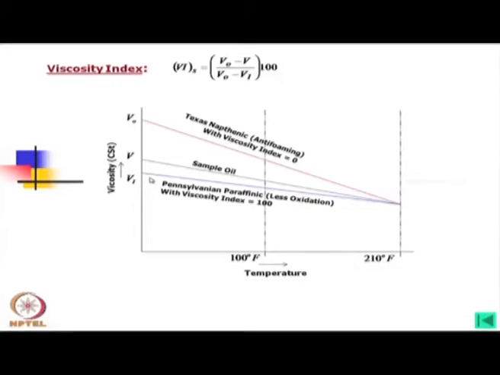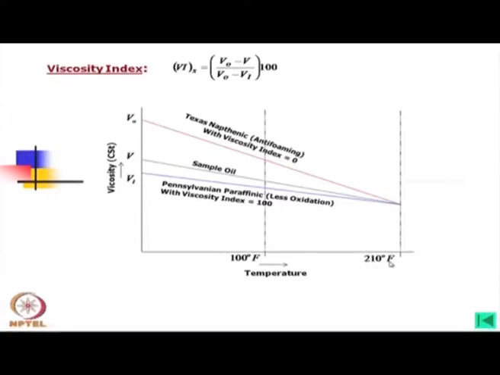Now, look at this graph. Here is the temperature, and we have drawn a line at 100 degree Fahrenheit and then 210 degree Fahrenheit. What does it mean?